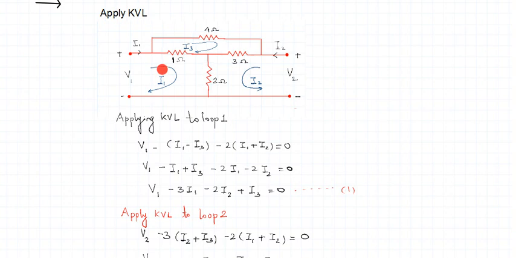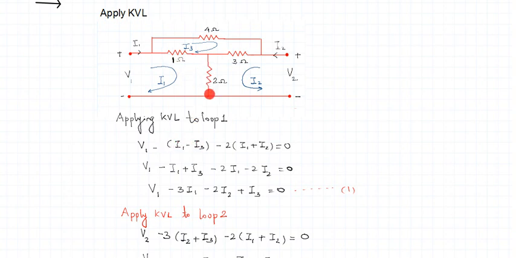The currents which flow through this resistor are two currents, I1 and I3. Observing closely, we see that I1 and I3 are in opposite directions. Since we are in loop 1, I1 is the primary current and therefore the net current which flows through the 1 ohm resistor is I1 minus I3, right? So the first term of the equation is minus 1 into I1 minus I3.